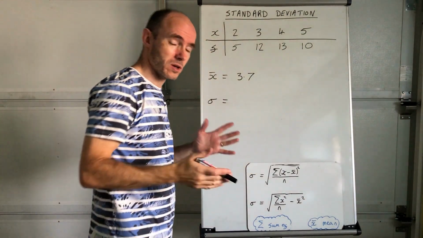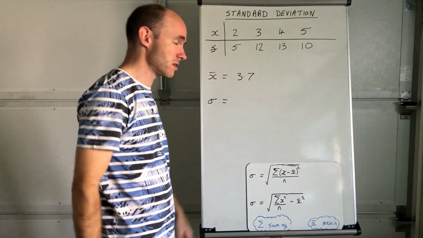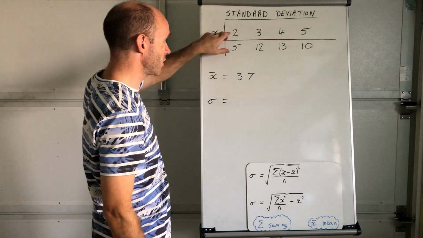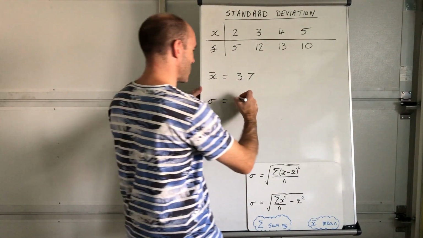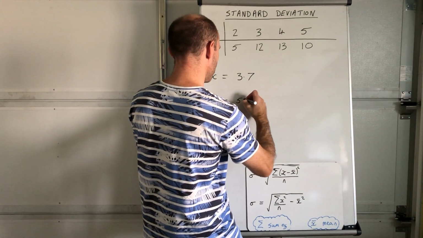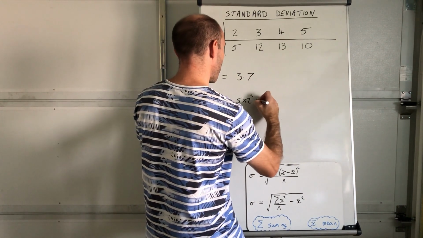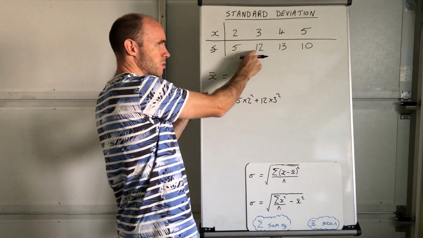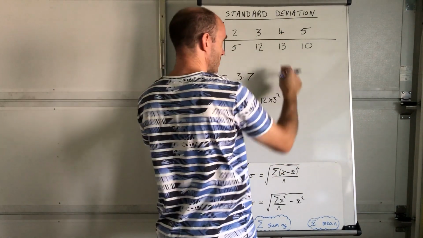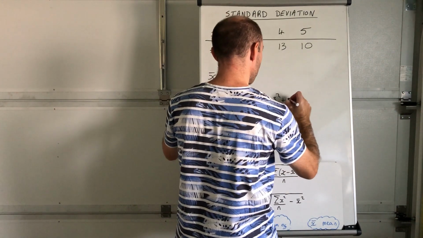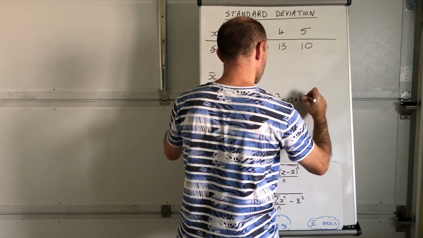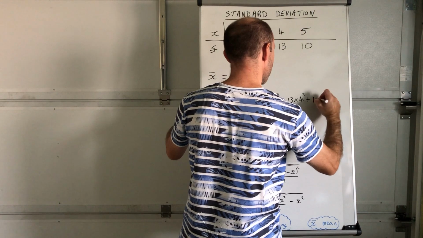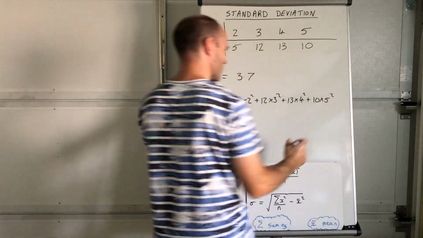Only we've got to multiply each of those by the frequencies because we've got 5 of those. So 5 lots of 2 squared. So I'm going to write that in here. 5 multiplied by 2 squared, and then added to 12 lots of 3 squared, added to 13 multiplied by 4 squared, added to 10 multiplied by 5 squared.